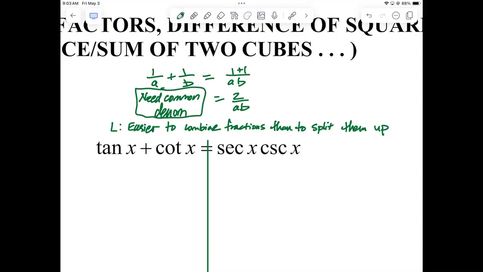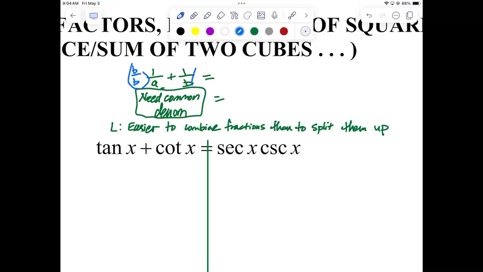Okay, but I can get a common denominator by multiplying this one by b over b and multiplying this one by a over a, and I get b plus a over ab. That's what I meant. Sorry, I was going too fast.